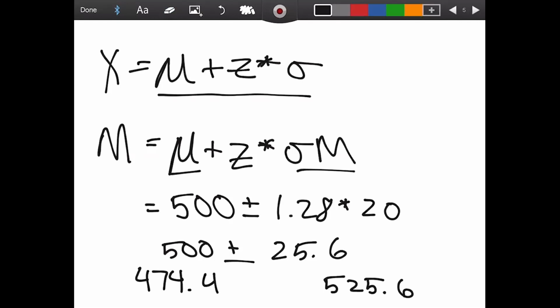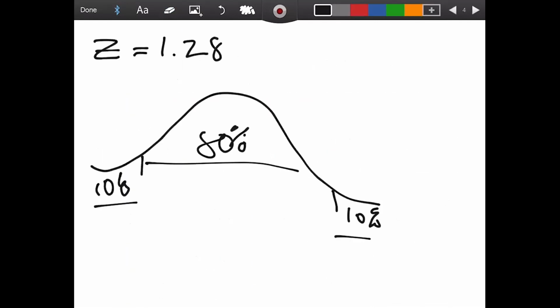So we know that these are the two scores which correspond to that middle 80%. So if we go down here, 474.4, 525.6.